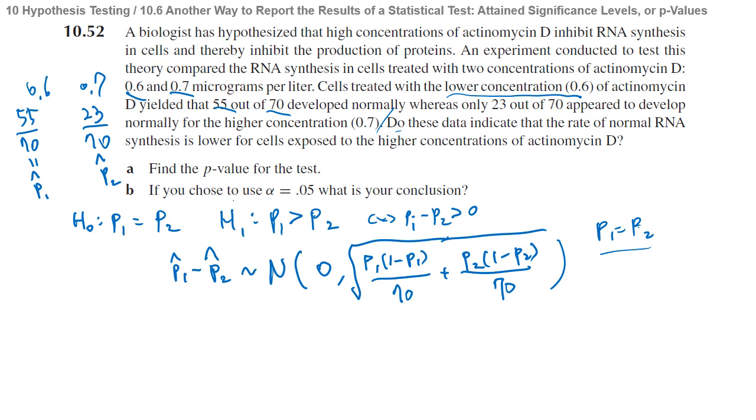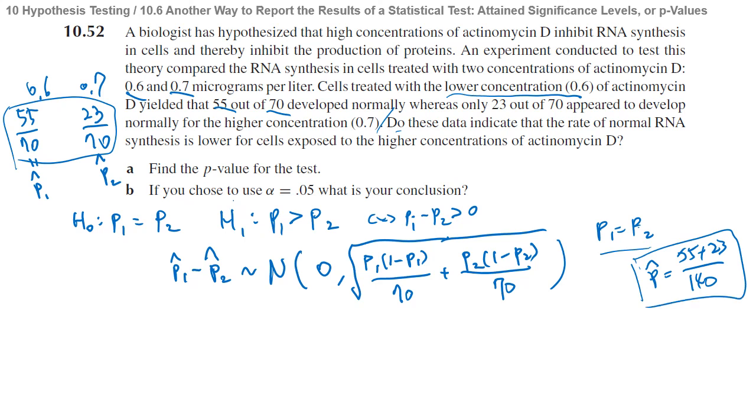So in the null situation, the estimate of P hat would be 55 plus 23 over 140. From here we can calculate the null p hat, and we will put p hat here, because we are calculating this distribution under the null situation, under H0.